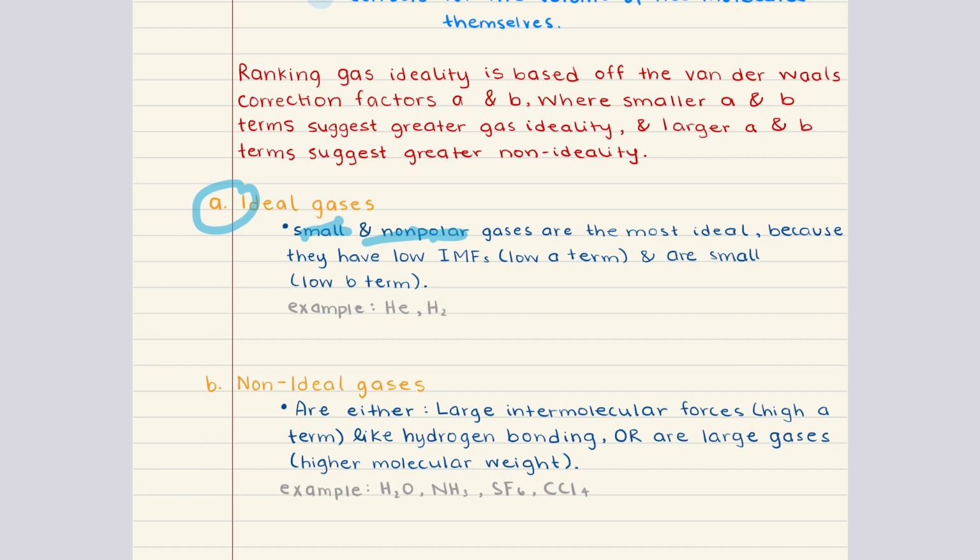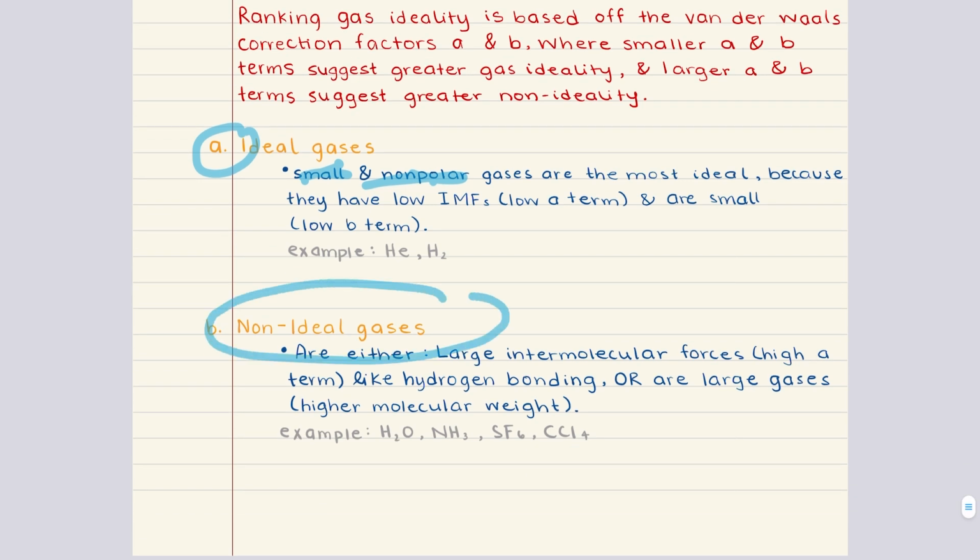Gases that deviate more from ideal behavior tend to be larger in size, or they have noticeable attractions between molecules, meaning they do not move completely independently. Some examples are water, ammonia, sulfur hexafluoride, and carbon tetrachloride. So water molecules, for example, they're not just small spheres.